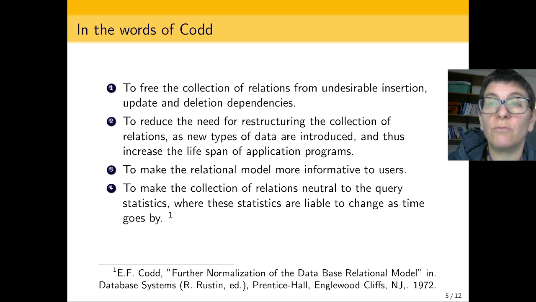It makes the model more informative to users, so if it's properly normalised, it should be easy to understand, and to make it neutral to the query statistics. So this means you're not optimising for a particular type of query with a normalised database.